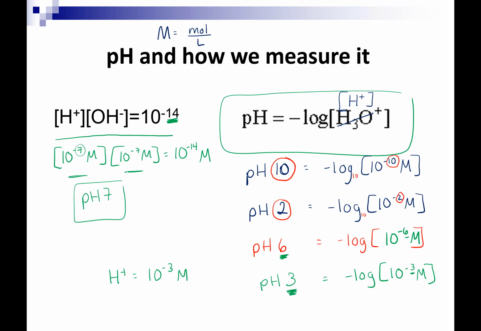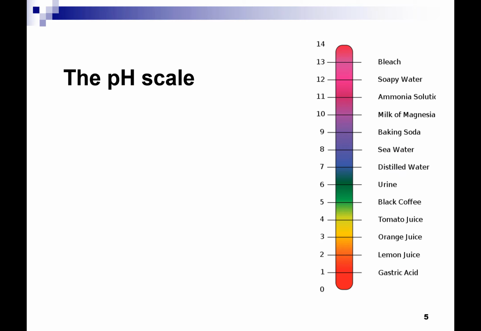Okay? All right, let's look at the scale a little bit more. So again, the scale is going from 0 to 14. It can be written either way, 14 to 0, 0 to 14. This is just showing you some common solutions you might be aware of. So bleach is very basic.